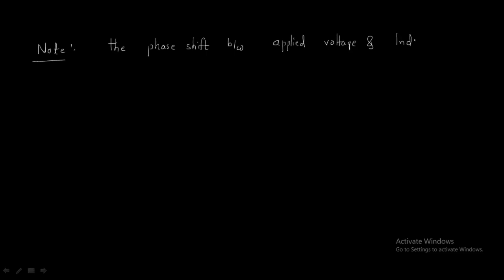So we can write a statement, keep it as a note, it is useful for you. That note is, the phase shift between applied voltage and induced EMF is 180 degrees.